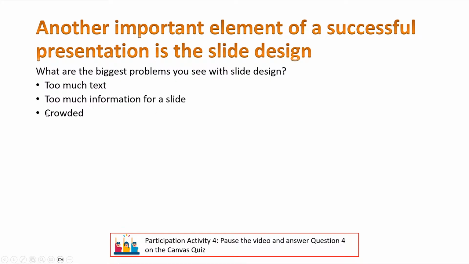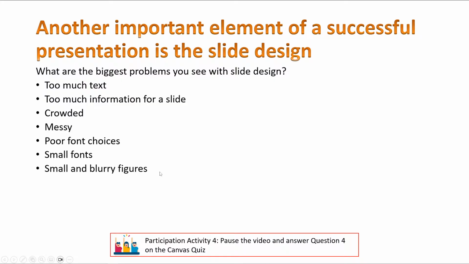What is another thing? The slide is so crowded, messy. Poor font choice, like illegible, or small font. I talked about this. Small and illegible figures, something you cannot read. Yeah, so that would be the problems of slide design.